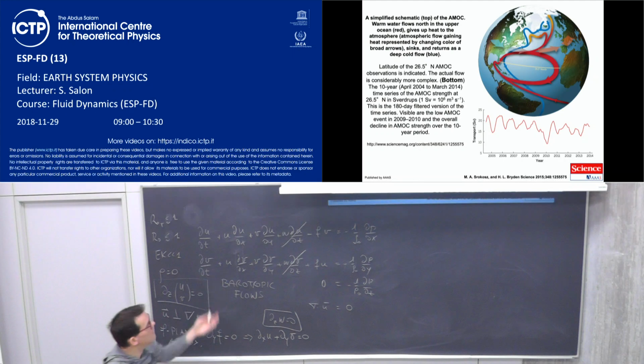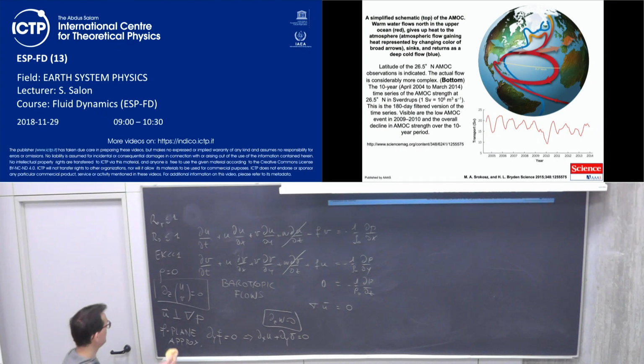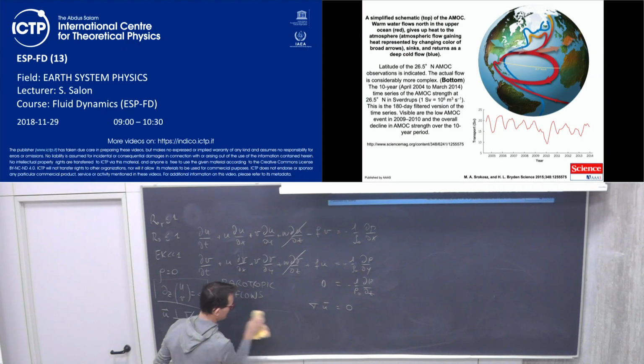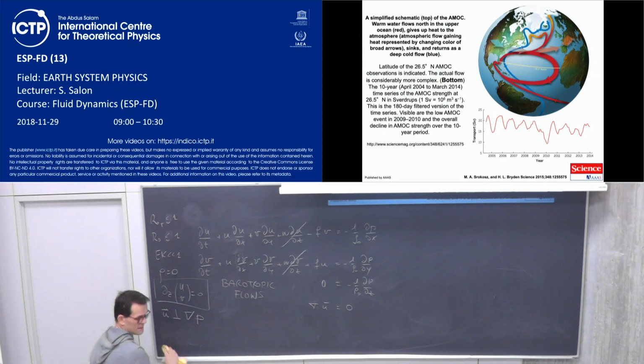Now we have a real first-order partial differential equation. So all this part here is no longer valid. In this sense, we can say that barotropic flow allows a divergence in the horizontal.